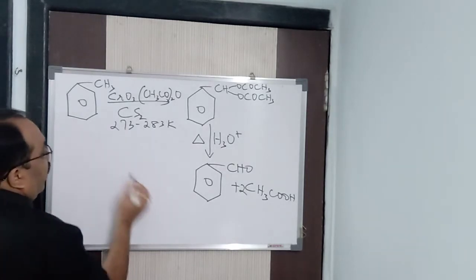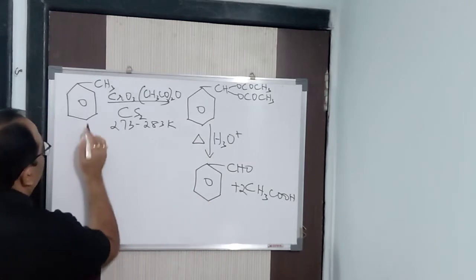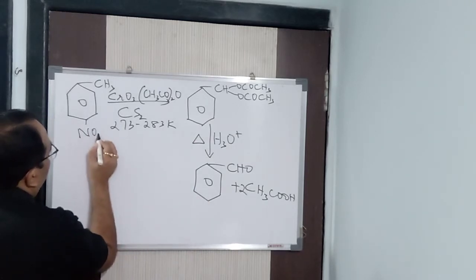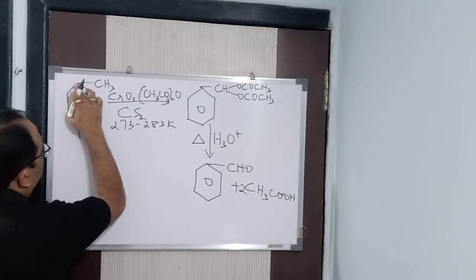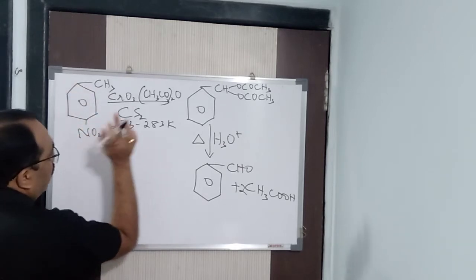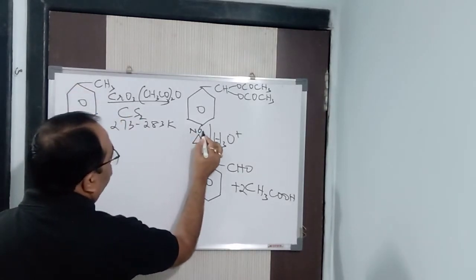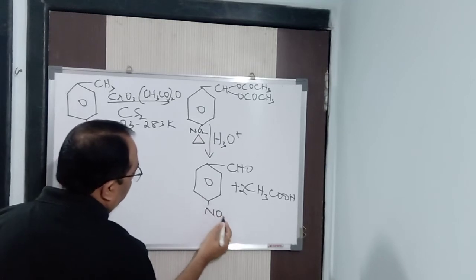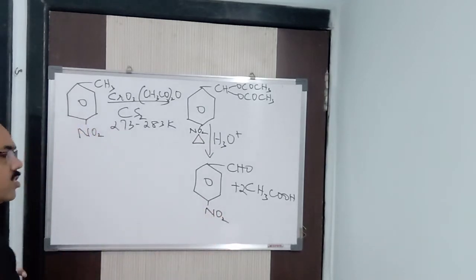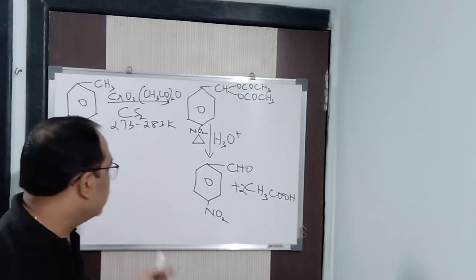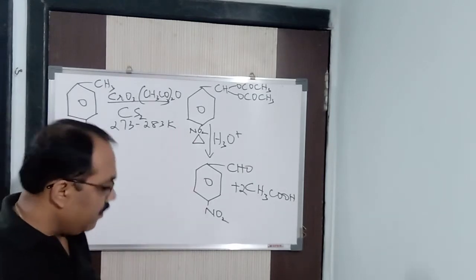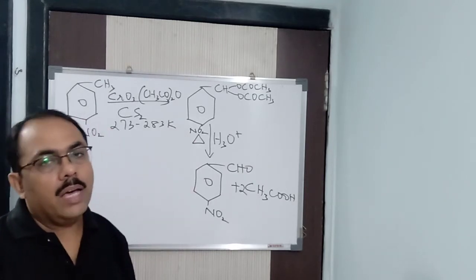If I want para-nitrobenzaldehyde, what I need to do is, from the beginning itself, put a nitro group in the para position. This is the first, so this is the fourth. In the beginning itself. So what I will be getting is para-nitrobenzaldehyde. Finished. In the beginning itself, I start with para-nitrotoluene. If I start with para-nitrotoluene, then I will be getting para-nitrobenzaldehyde.